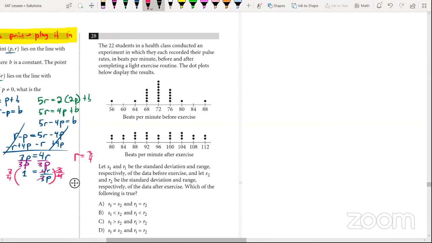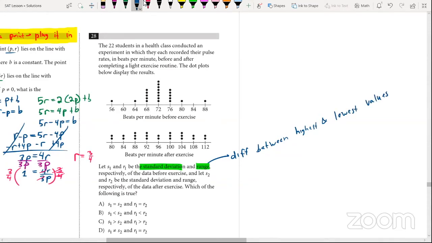Okay, so 28 is asking us about standard deviation and range. Range for data is very different than domain and range for X's and Y's. Range for data is just the difference between the highest and lowest values in your data sets.